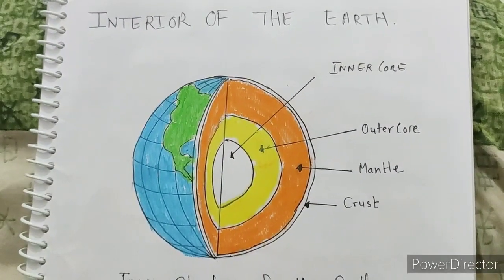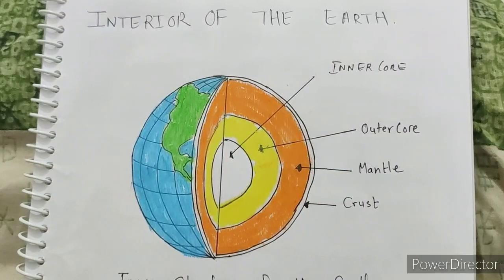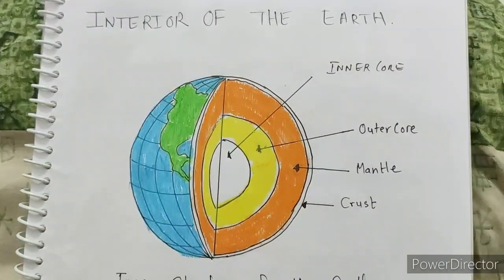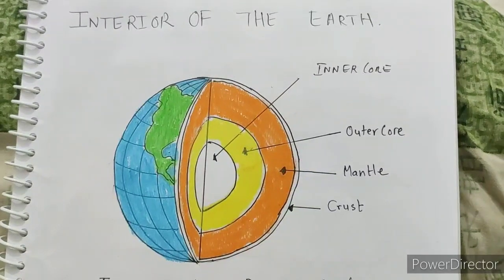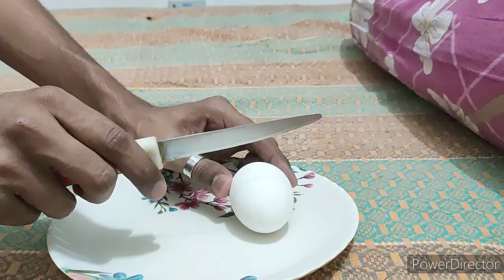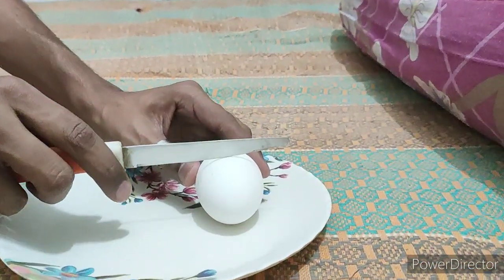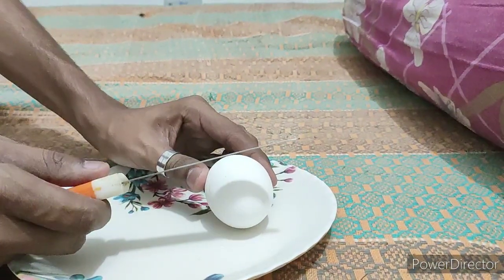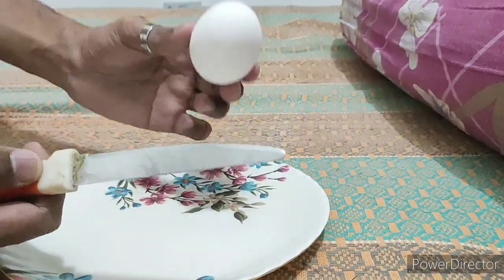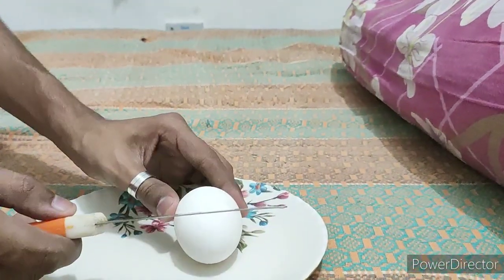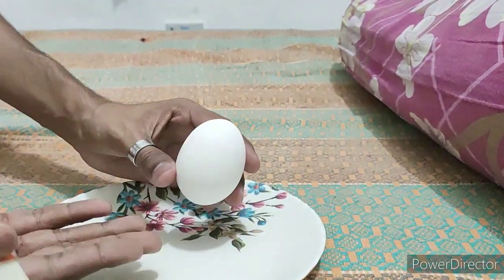Before I tell you about the characteristics of mantle, I want to show you something through an activity. In this activity you have to take an egg. Why am I taking an egg? Because the structure of an egg is quite similar to the inside structure of the earth.